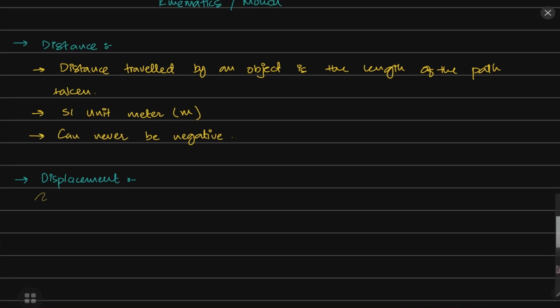So let's write that down. Displacement is the shortest distance between the initial and the final position of an object.